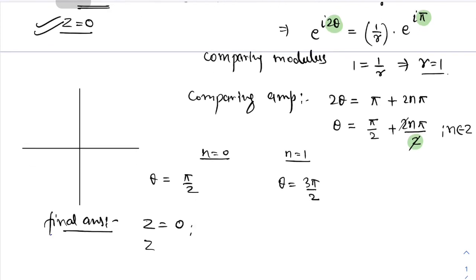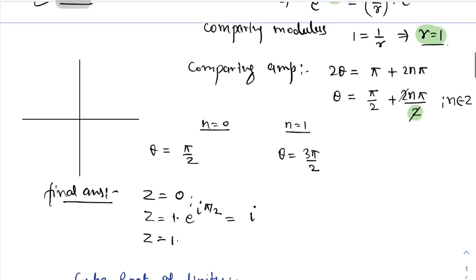The other is z equal to r into e to the power iota theta, where the modulus is 1, so 1 into e to the power iota pi by 2, which is iota only, and the other is r into e to the power iota 3 pi by 2. 3 pi by 2 is nothing but this angle, and the modulus is 1, so we will get minus iota. So these three, 0, iota and minus iota, are our complete solution.